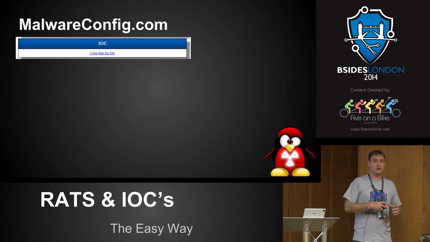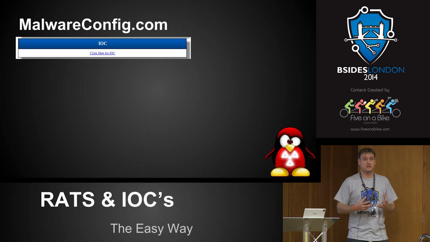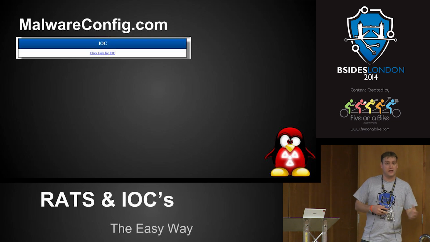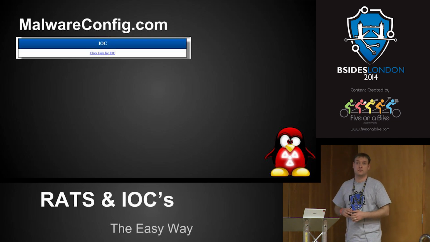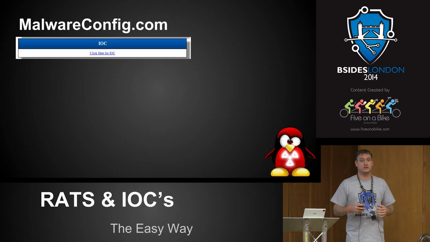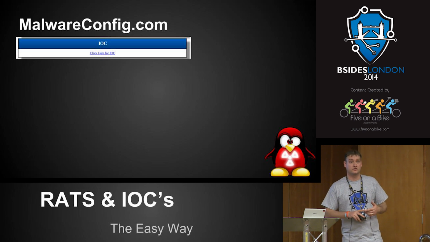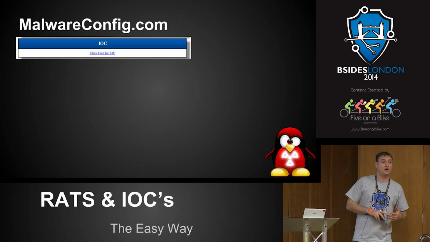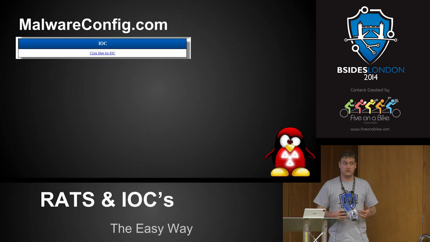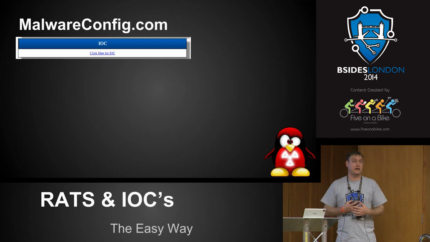You then deploy Mandiant's IOC agent across your entire estate, upload this one file, and it will instantly tell you every machine that's infected with it. So you don't need to pay big incident response teams to come in. You don't need to do a lot of this work yourself. With freely available tools and freely available resources, you can now just upload, download, scan, and get a full indication of if your network's compromised or not.